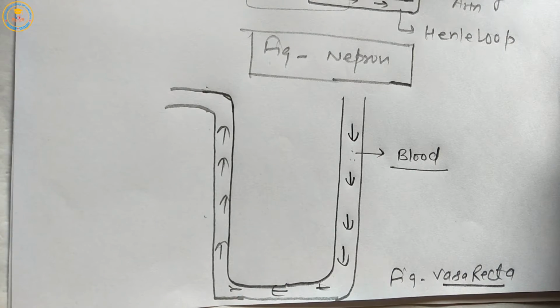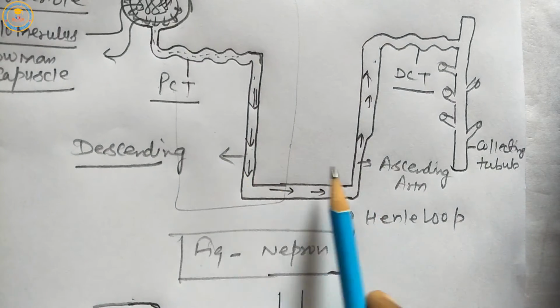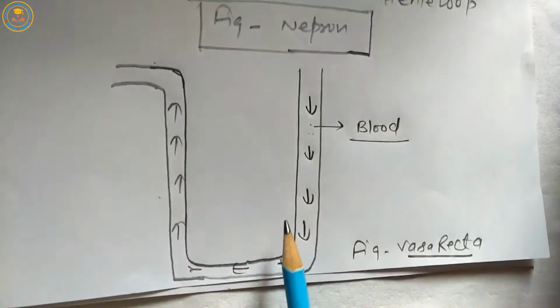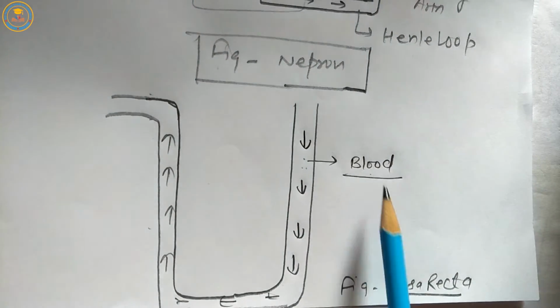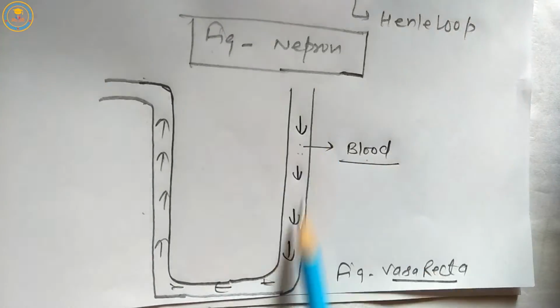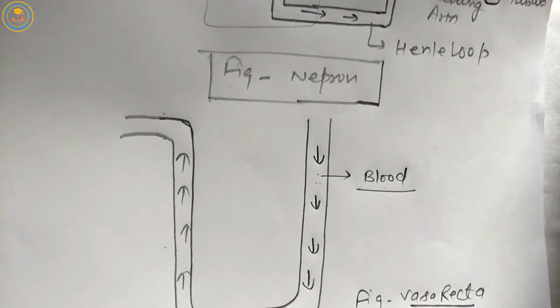This phenomenon is called counter current mechanism. Once again, the glomerular filtrate flows in both Henle loop arms in opposite direction, and the flow of blood in both vasa recta arms is in opposite direction. So this phenomenon is called counter current mechanism.